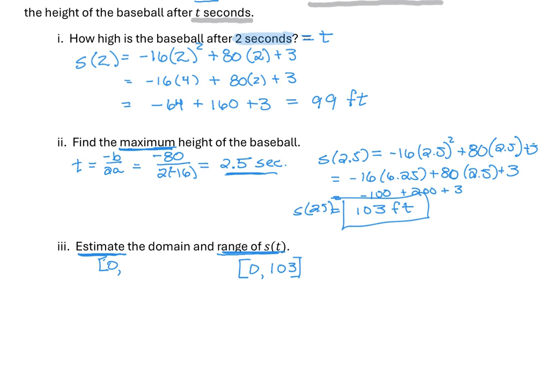When we start off, we're at 3 feet. We're very low to the ground. And so we want to go up and we're going to come down. And that's going to take approximately 5 seconds because it is symmetric. And so we can go to 5. Now, if you want, at 5 we are actually going to be below 0.